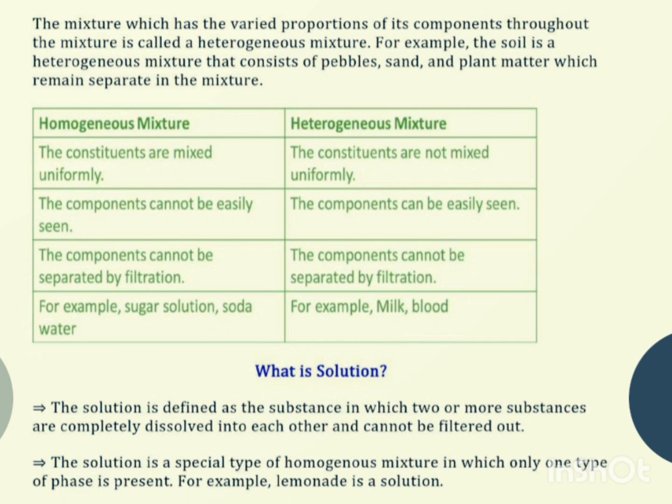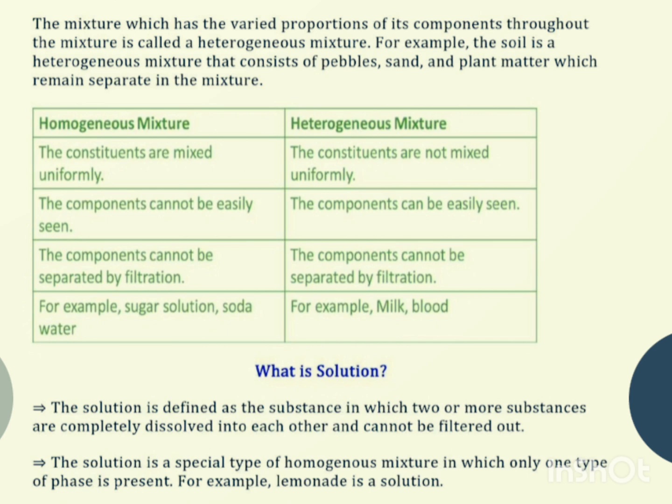You can see here the differences between the homogeneous and heterogeneous mixture. In a homogeneous mixture the constituents are mixed uniformly; here it is the opposite, they are not mixed uniformly. In a homogeneous mixture the components cannot be easily seen; here the components can be easily seen. The components cannot be separated by filtration in a homogeneous mixture, and here also they cannot be separated by filtration.